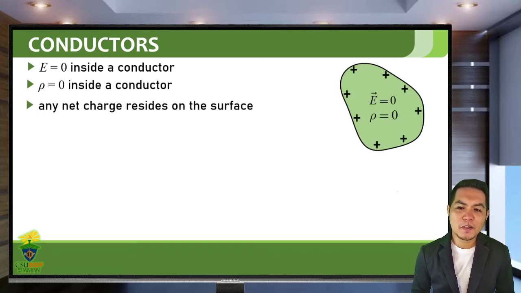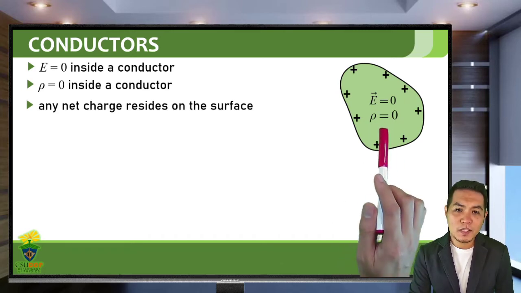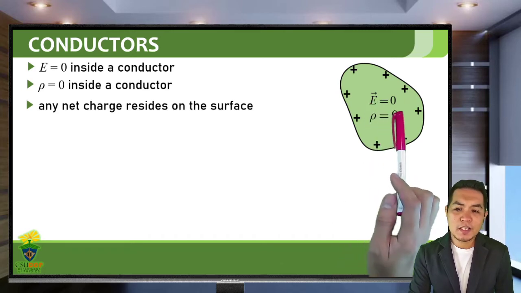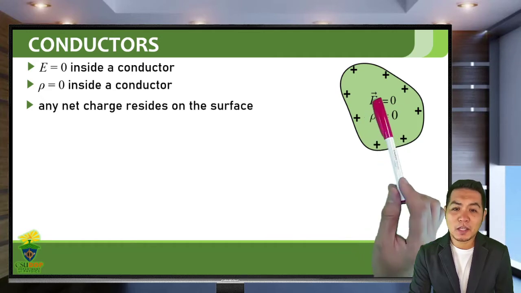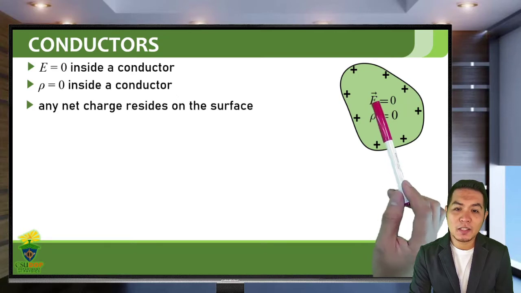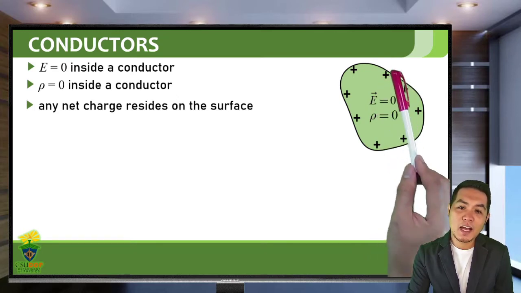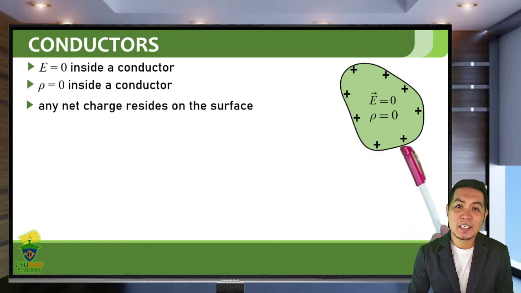So take note, even though this is a solid conductor, say if you put positive charges initially at the center of the conductor, since like charges will repel each other, they will move as far away from each other as possible until they reach the surface.